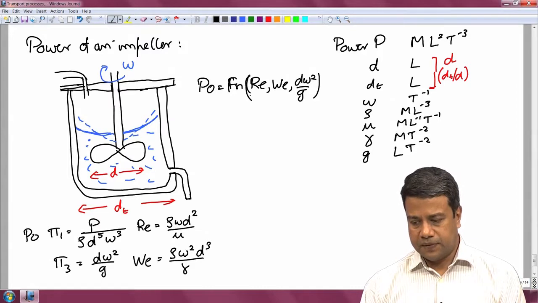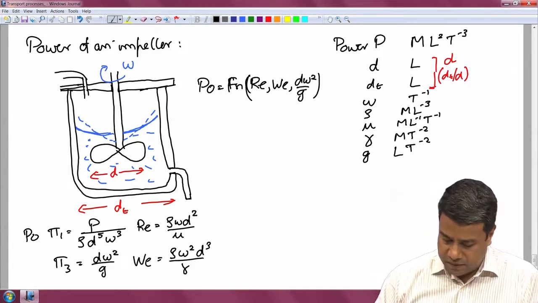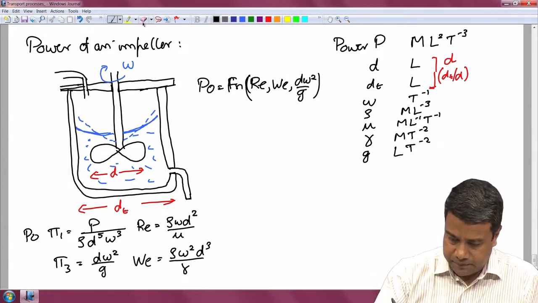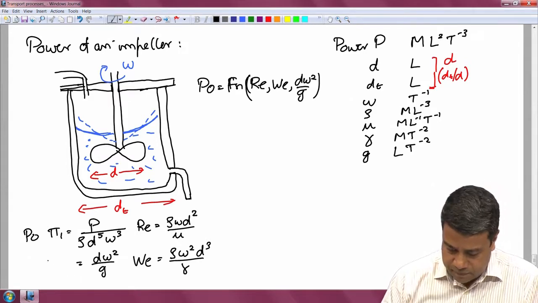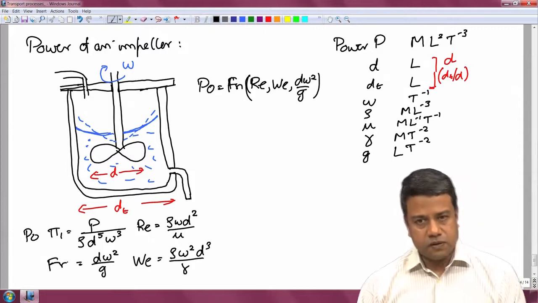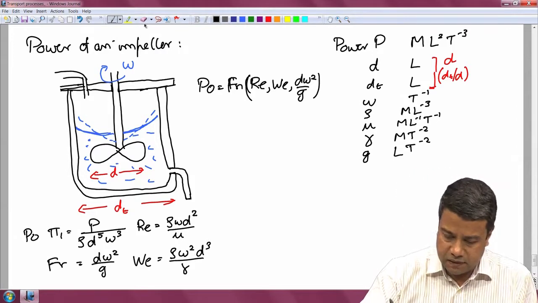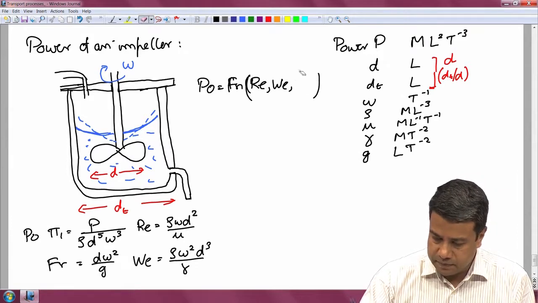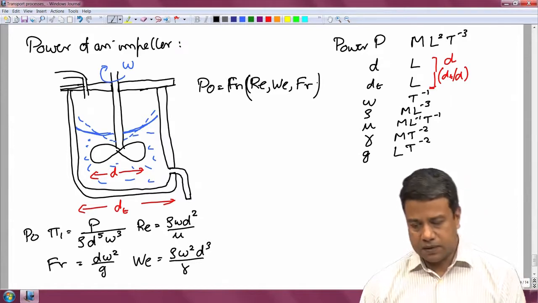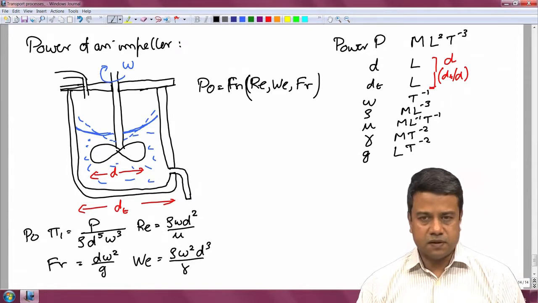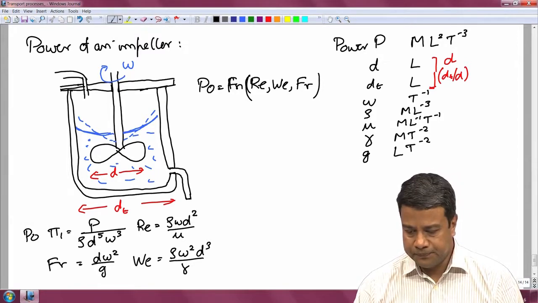It is usually written in terms of a linear velocity, but in this case I have written it in terms of the angular velocity. So, I have got this power number as a function of 3 parameters: the Reynolds number, the Weber number, and the Froude number.